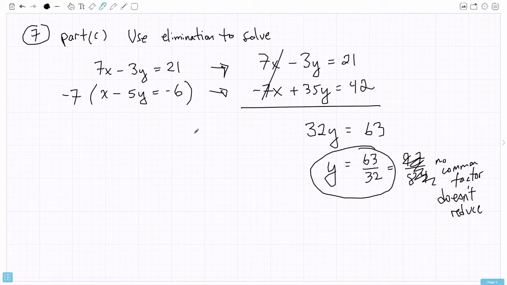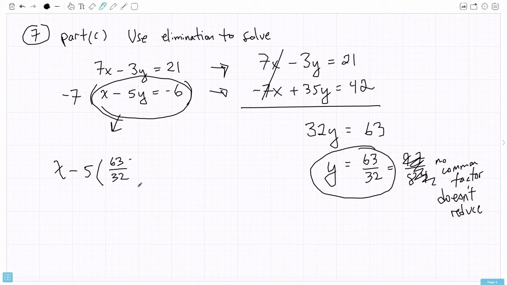I can go back to any one of these equations and plug in the y value and get the x. So I think I'll use this equation here. x minus 5 times the value of y that I know, 63 over 32, has to be negative 6.